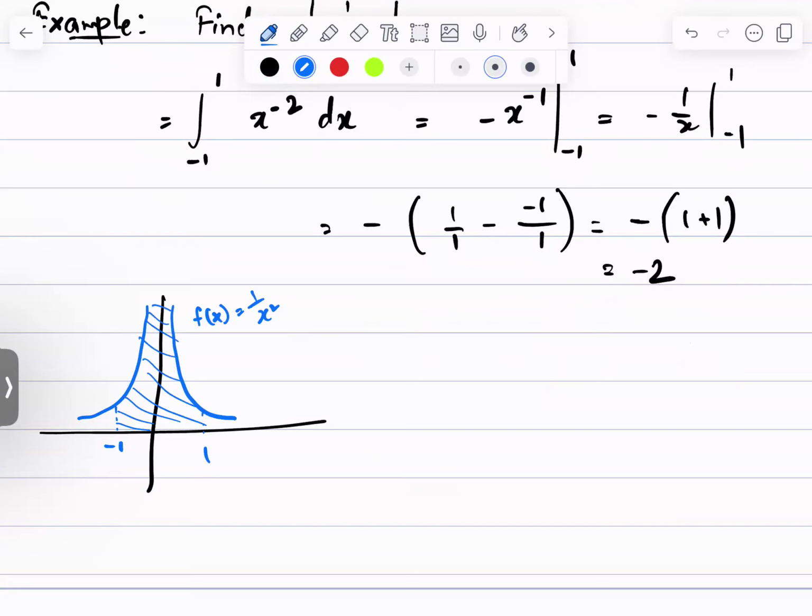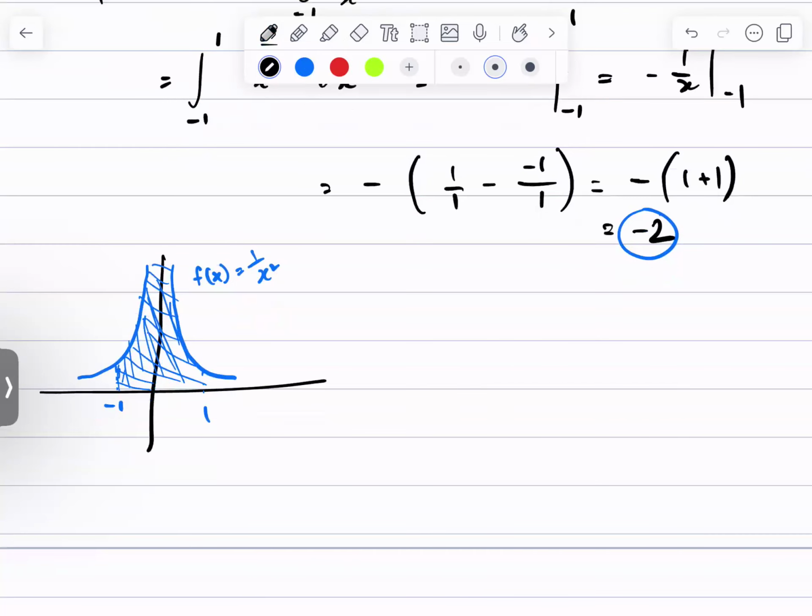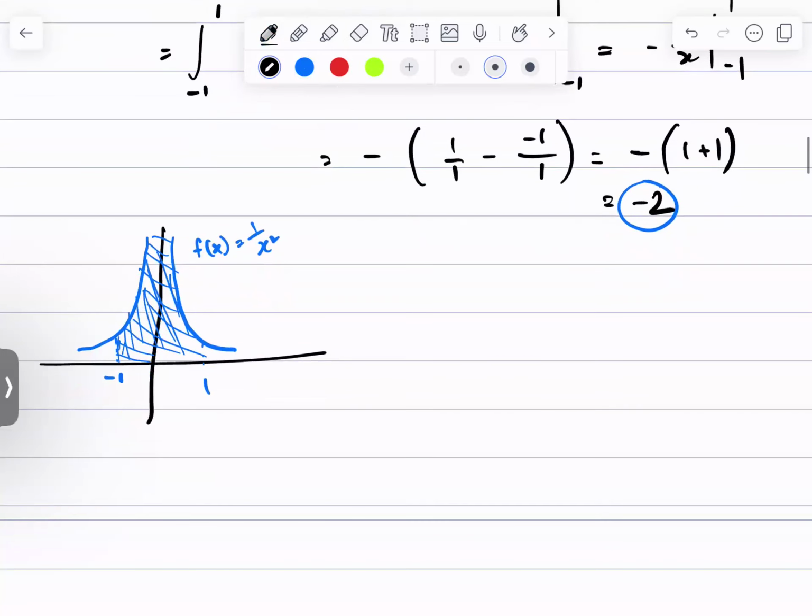And by default, you can just guess that it should not be negative 2, right? Because this should give you some positive quantity, the area of this shaded region. So there is something wrong going on.